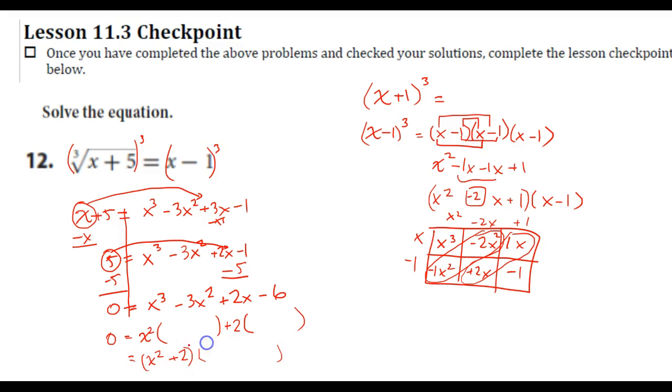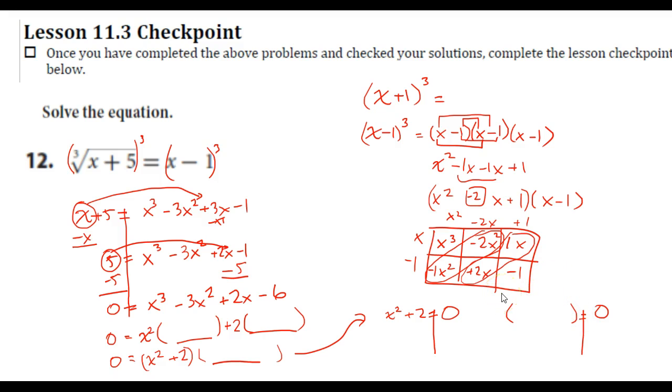And once you factor that out, you'll probably see that these two are the same. Just make sure that you are setting each one of these factors, x squared plus 2 equals 0, and solve that out, and then whatever your other factor was equals 0 and solve that out. So I'm going to let you do that on your own.